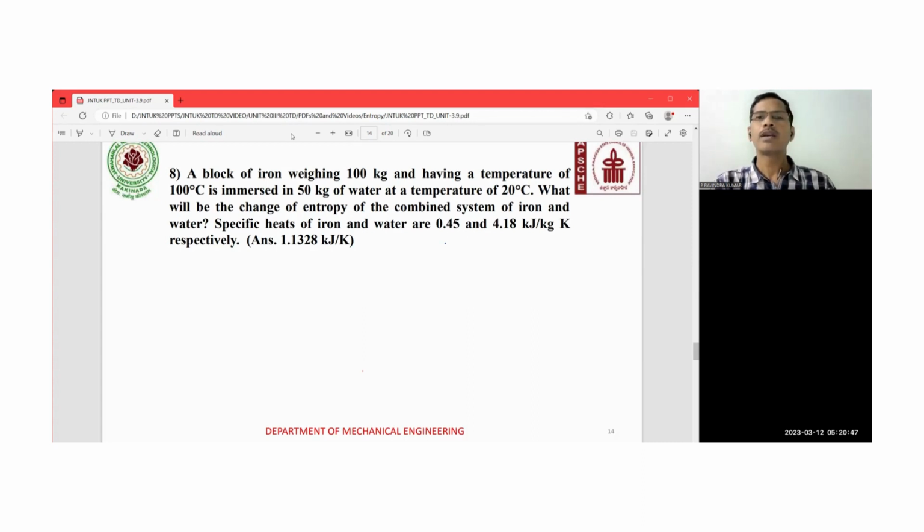What will be the change of entropy of the combined system of iron and water?